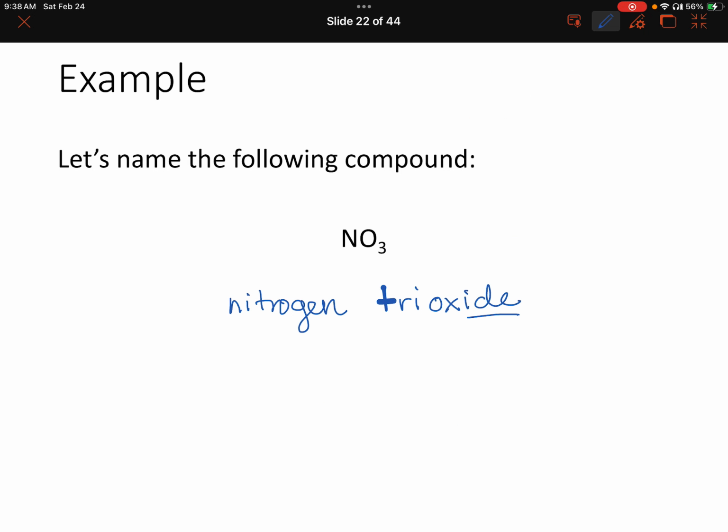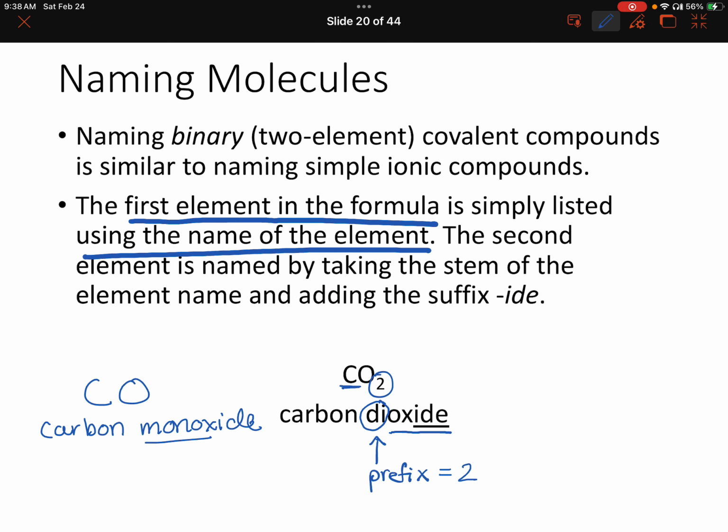For example, let's go back to carbon monoxide and carbon dioxide. If we didn't indicate how many oxygens were in each molecule, there would really be no way to know, right? So there is a huge difference between carbon monoxide and carbon dioxide. Carbon dioxide is perfectly safe. Carbon monoxide is kind of dangerous for us because carbon monoxide can replace oxygen in our bodies, and you can actually end up poisoning yourself with carbon monoxide.